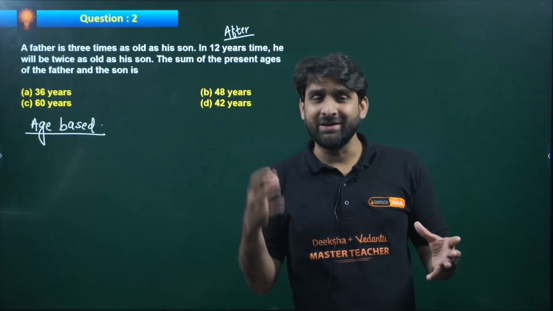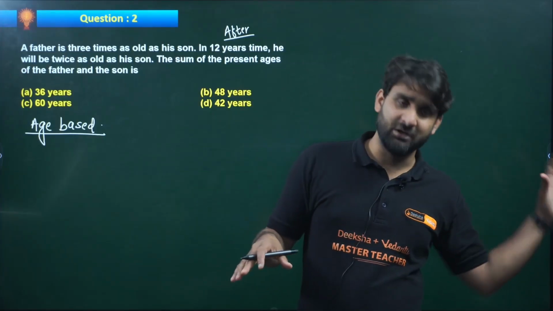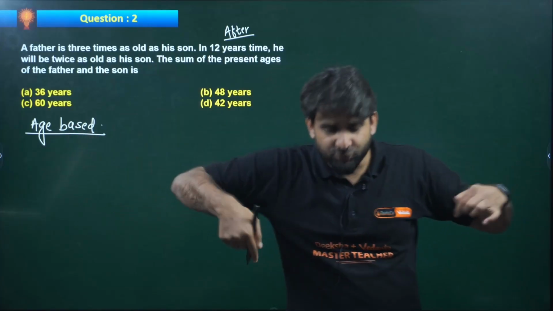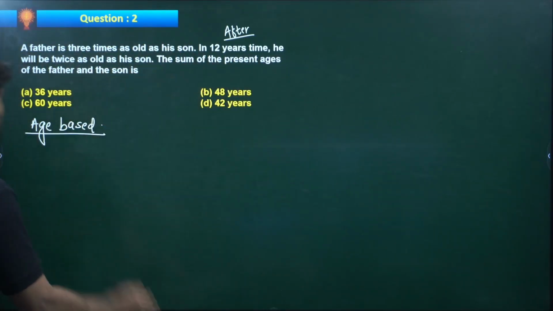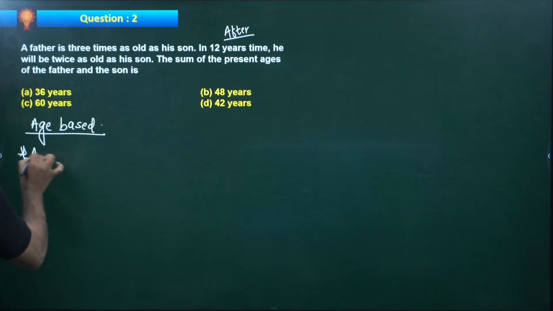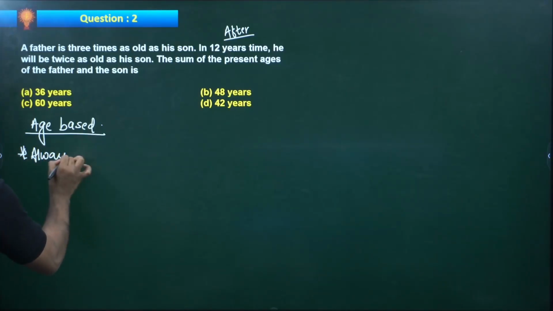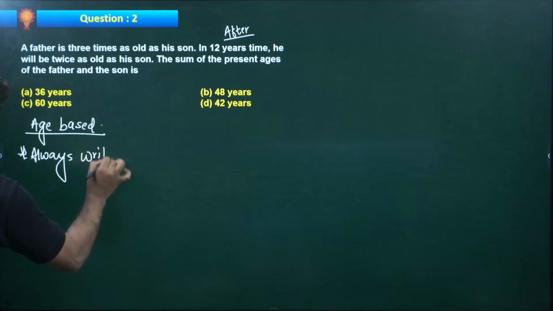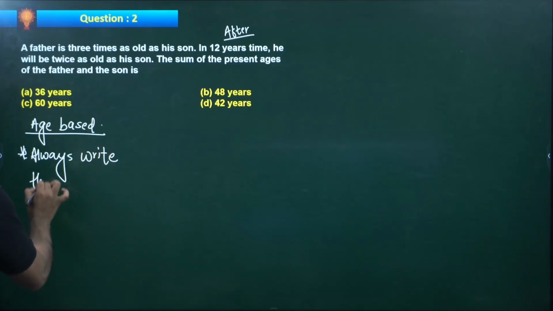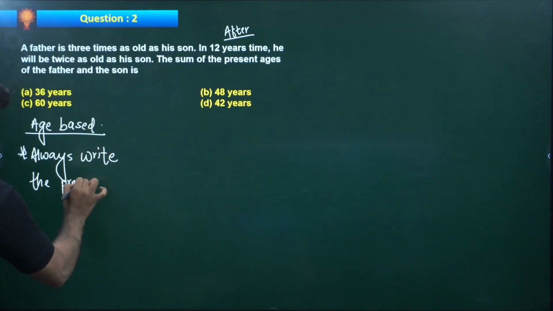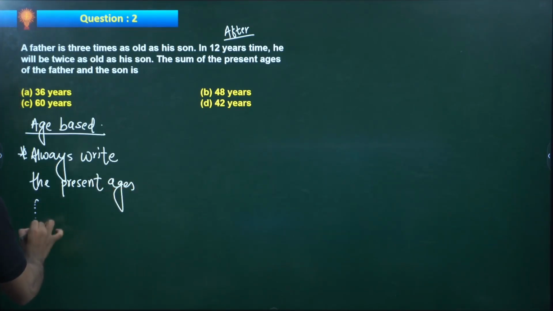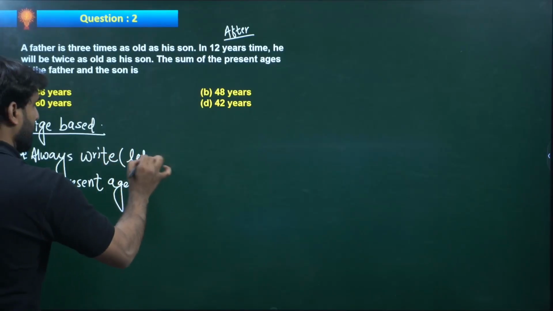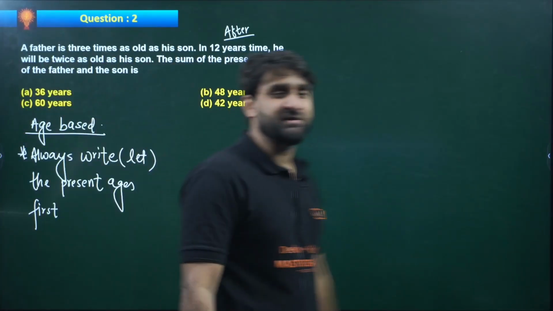So to find the age of any person 3 years, 4 years back, in the past or in the future, we should have the present age. Without the present we can't. So in an age based question, this is very important, always let the present ages first.